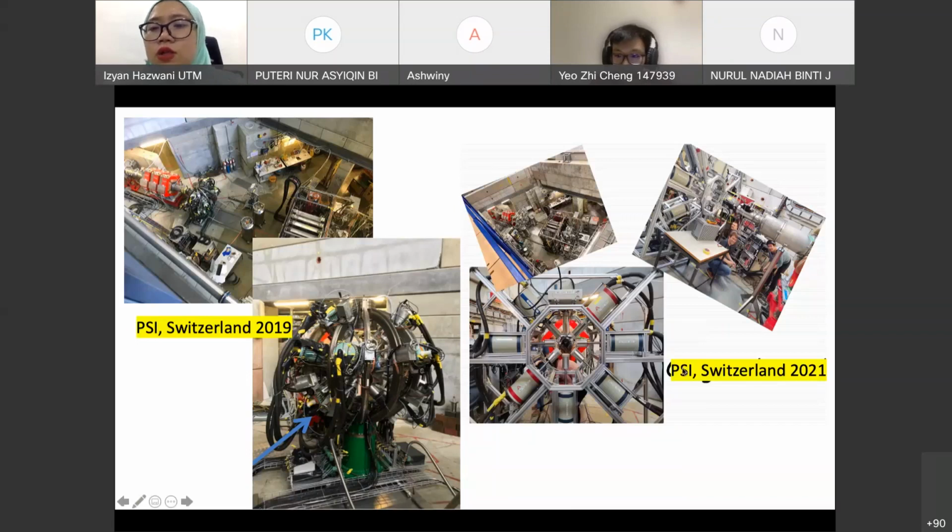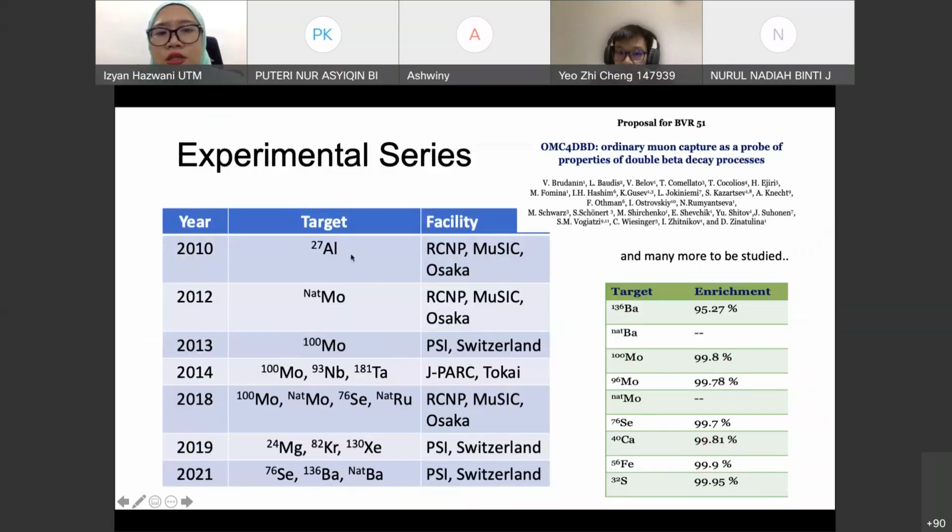So from 2021 to this year, we changed back to HPGe detectors. Anyhow, here we also have two germanium detectors just to confirm the measurement. Okay, so this is the experimental series from 2010 to 2021 and more to come, until 2025.